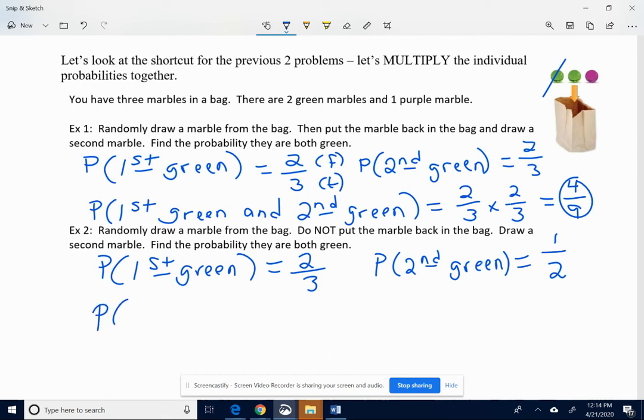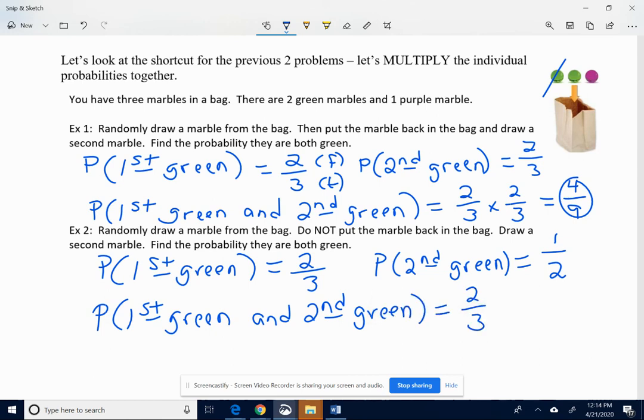So now, when we find the probability using the shortcut, the probability of the first green followed by the second green would equal 2/3 times 1/2. Multiply the numerators, 2. Multiply the denominators, which is 6.